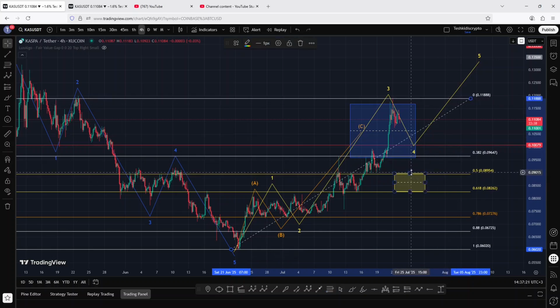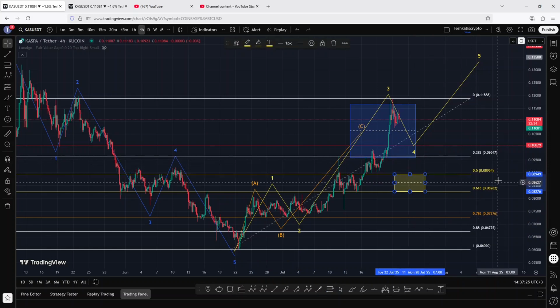And on so doing, the area that you need to pay attention to lies between the fib level 0.5 and the 0.618, and that is between the 0.08954 and the 0.08262, which is that yellow target area.